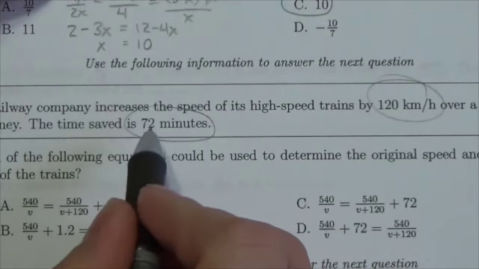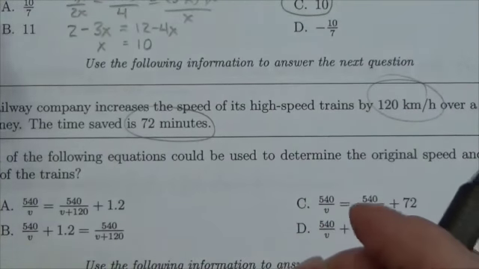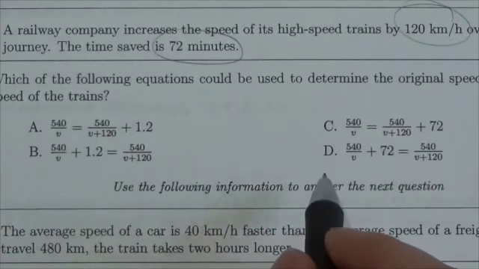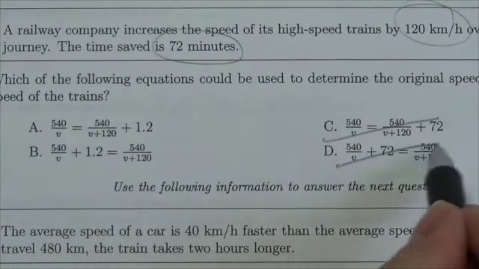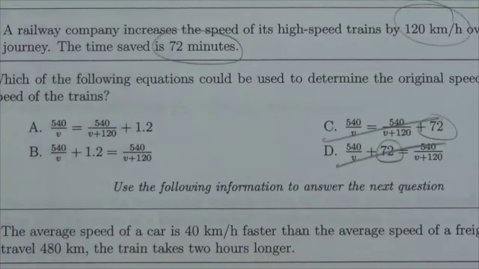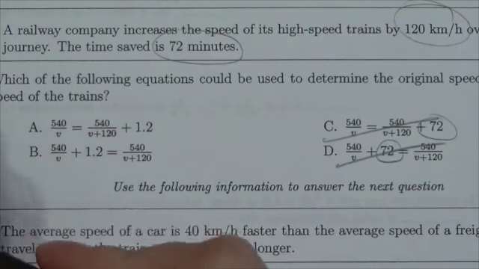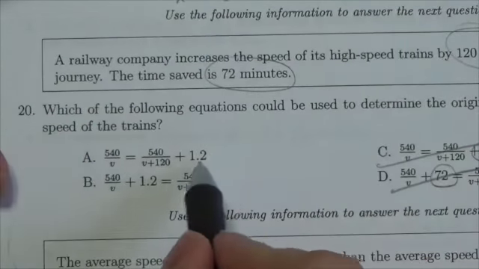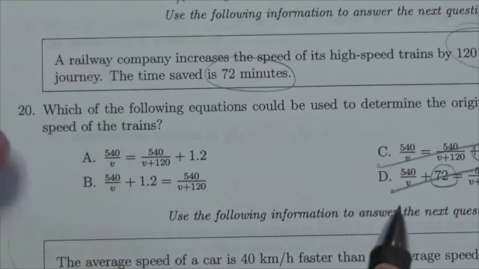So 72 in the equation would actually mean 72 hours. So right away, just take a look here. It can't be equation C or D because they're using 72 and that's going to mean 72 hours, and that's not what's meant here. 72 minutes is only 1.2 hours. So there's my 1.2, there's my 1.2.